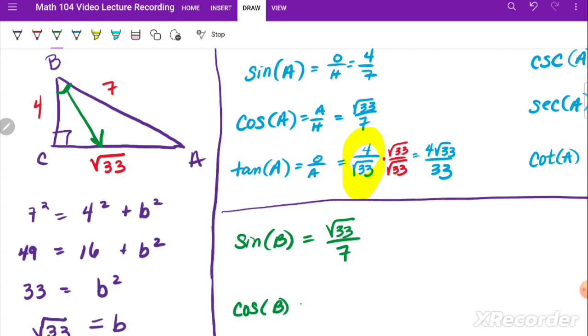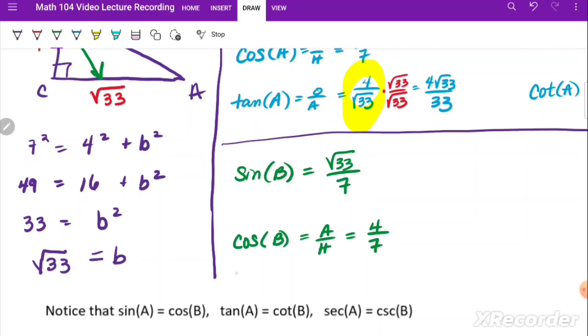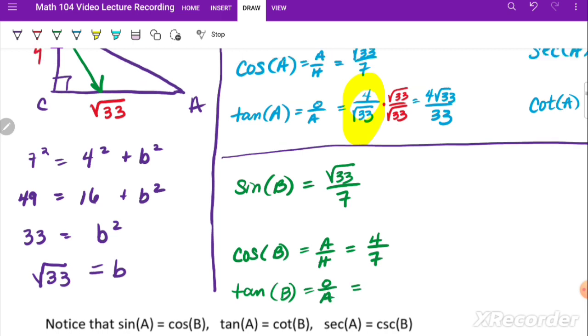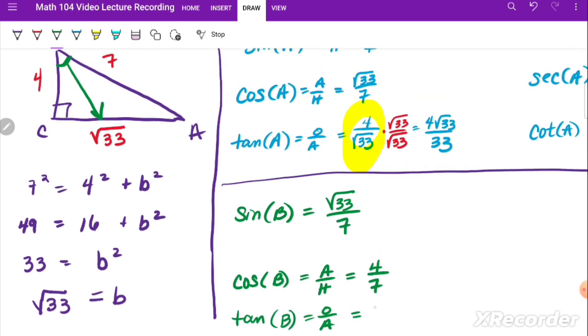Cosine of angle B, that's our adjacent side divided by our hypotenuse. That'll be 4/7. And then tangent of angle B, that's our opposite side divided by our adjacent side. Opposite is square root of 33. Adjacent side is 4.